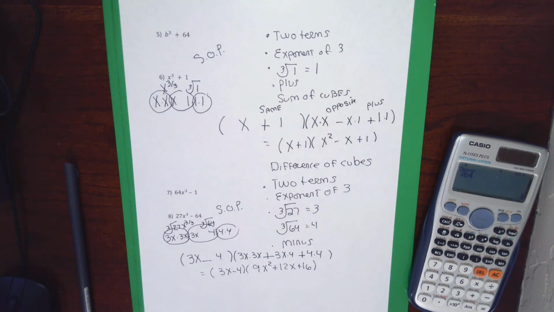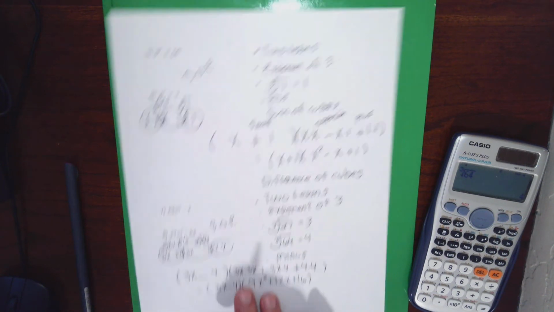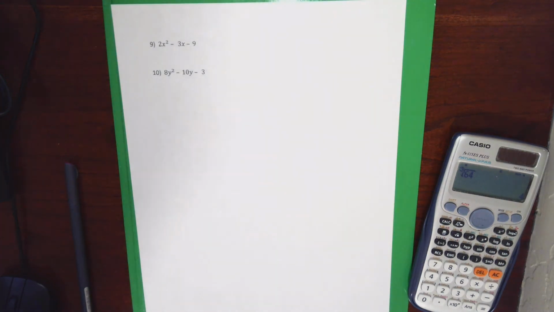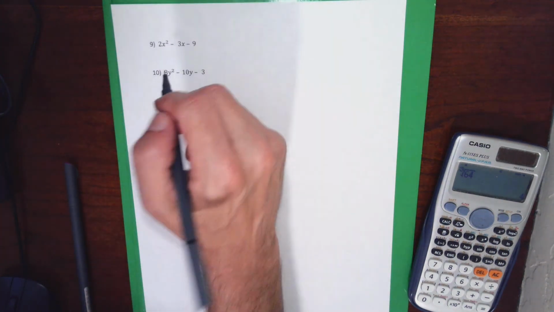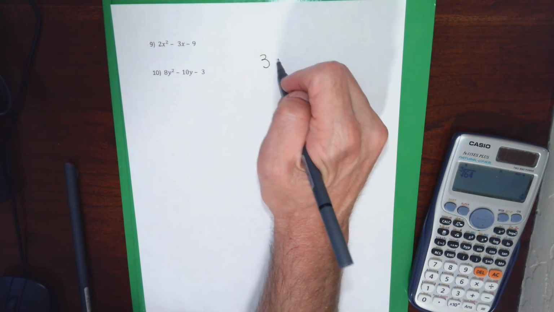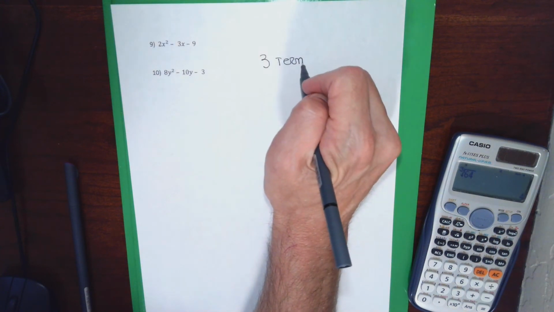So we'll do 10 and 12 and then we'll move on to a part 2. For 10, I'm factoring with 3 terms. There's a number in front of the squared term. So this problem has 3 terms. There is no common factor.